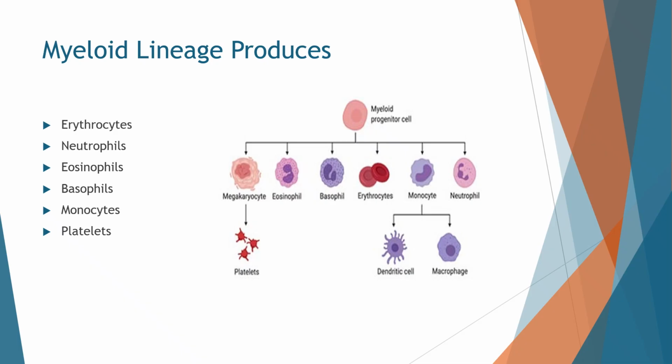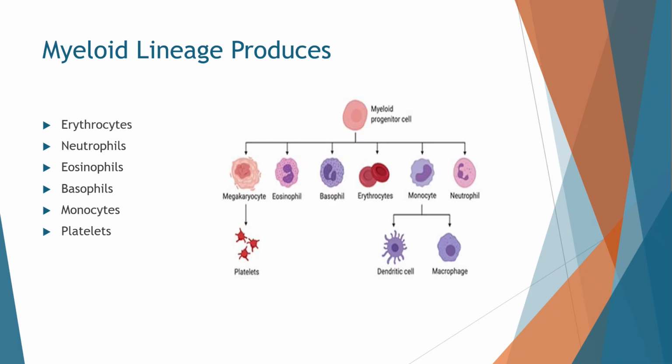Now let's zoom in on the myeloid lineage, because this is where histotechnology and morphology really start to shine. The myeloid pathway produces erythrocytes, which are your oxygen delivery specialists, neutrophils, the first responders of inflammation, eosinophils, which are allergy and parasite specialists, basophils, small in number but big in inflammatory signaling, then monocytes, circulating precursors that become macrophages in tissue.